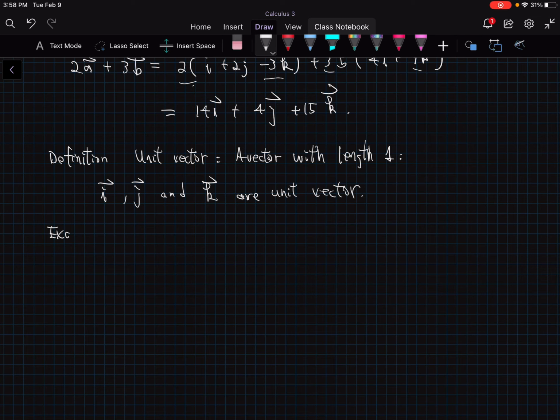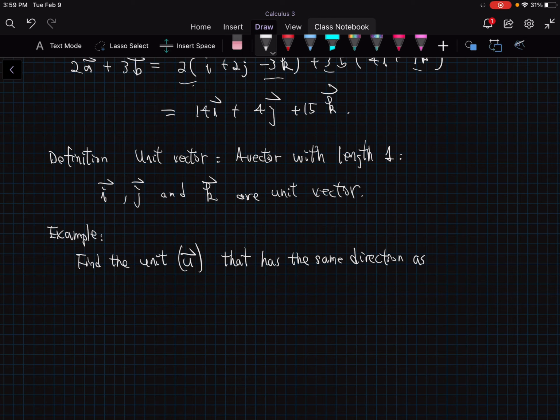So here you go. Find the unit vector, usually we use the notation U, that has the same direction as vector A. How do you do that?